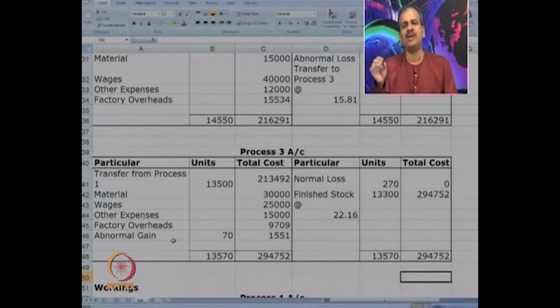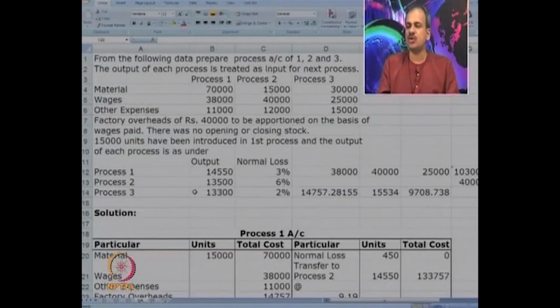Now let us try to understand the next concept, which revolves around equivalent production. Now what is equivalent production and why do you need to think about it? What happens is, in all the cases which we have discussed so far, you will realize that there is no opening or closing stock.